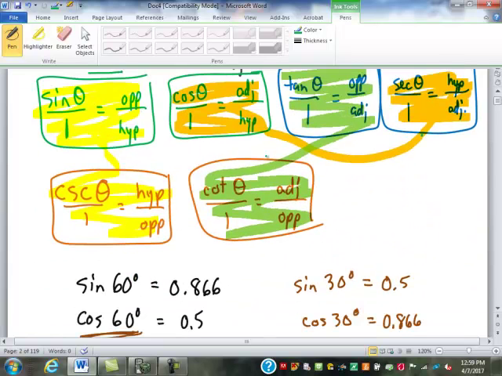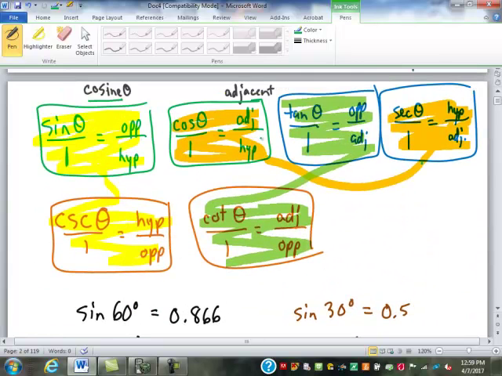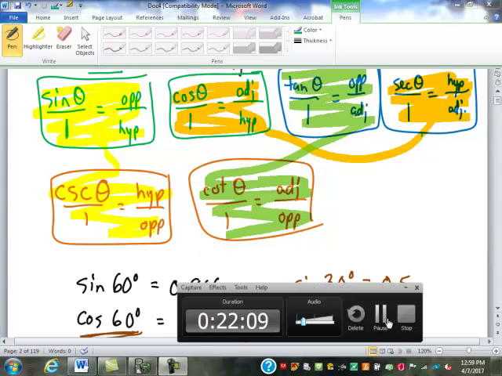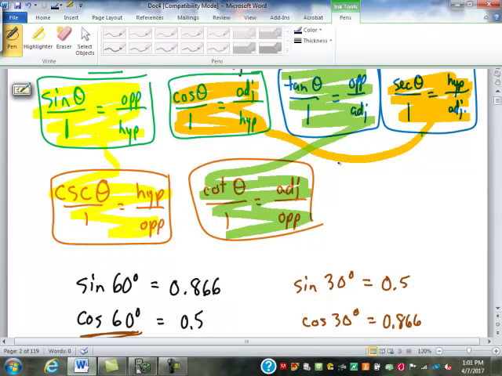In fact, I would recommend having these 6 identities written down on that page as well. So I'm going to pause right here and give you guys a chance to write that down. I'm even going to suggest you do this. Secant is equal to the reciprocal of cosine. Cosecant is equal to the reciprocal of sine.